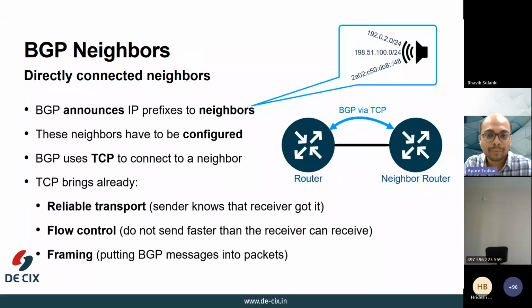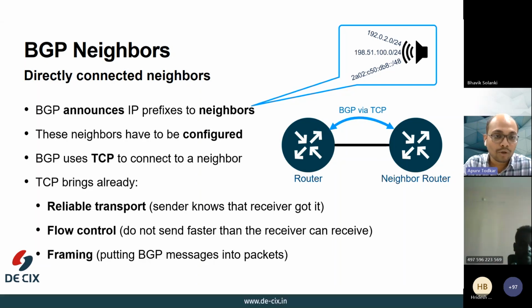BGP uses TCP to connect to its neighbor. Unlike other routing protocols, BGP does not use its own transport mechanism. Instead, it relies on TCP to set up the BGP session with a neighbor. TCP provides several benefits for BGP. You have reliable transport, wherein the sender knows that the receiver has received the information.